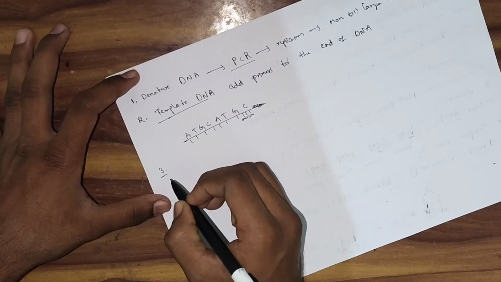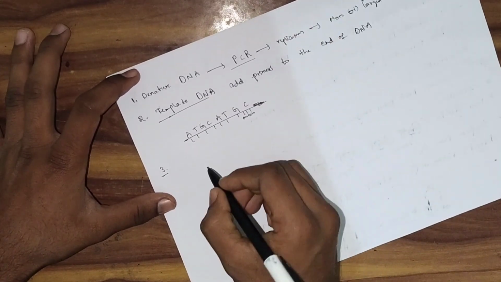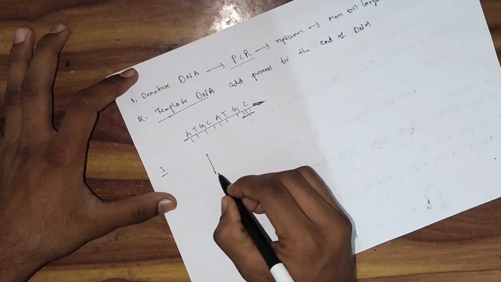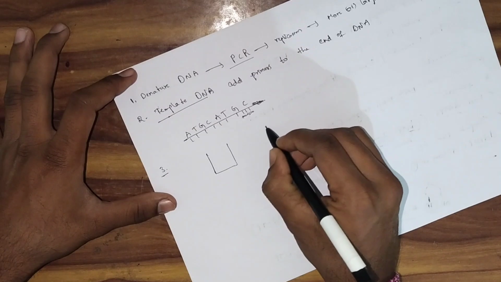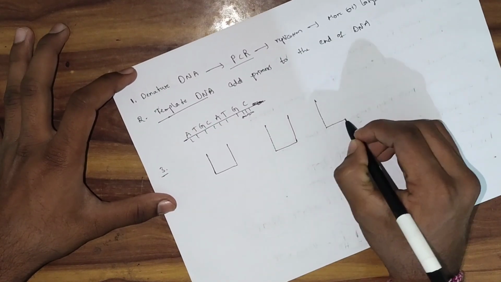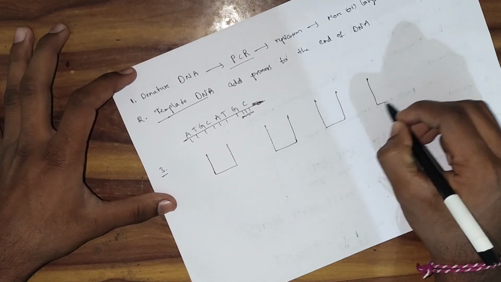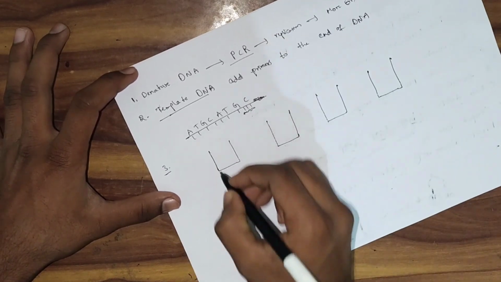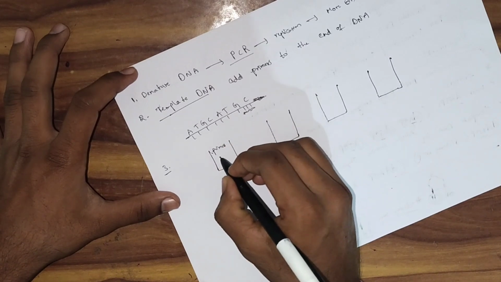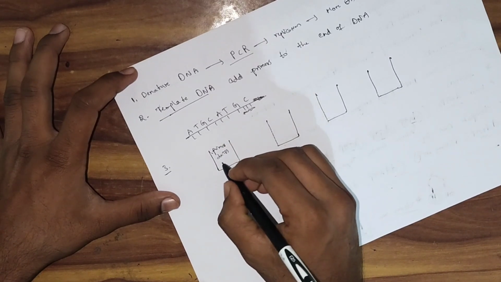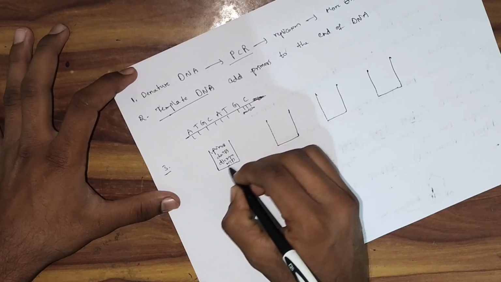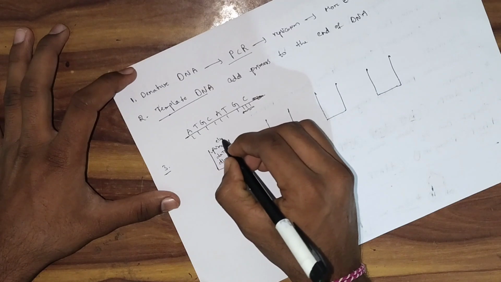In this Sanger method of DNA sequencing, the scientist takes 4 test tubes, or 4 beakers, and adds primers, dNTPs, dideoxy NTPs and electrophoresis.